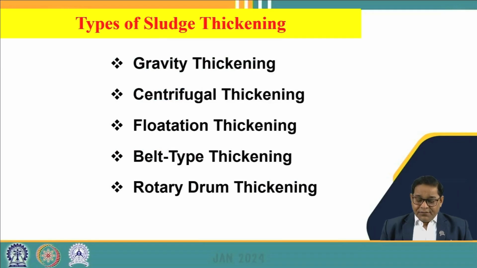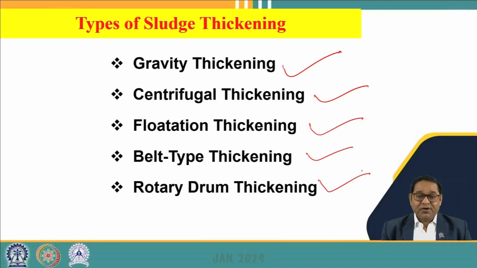So these are the different types of thickeners we use: gravity thickeners, centrifugal thickening process, flotation technique, belt type thickeners, and then rotary drum type thickeners. We will go one by one in more detail through these types of thickeners.